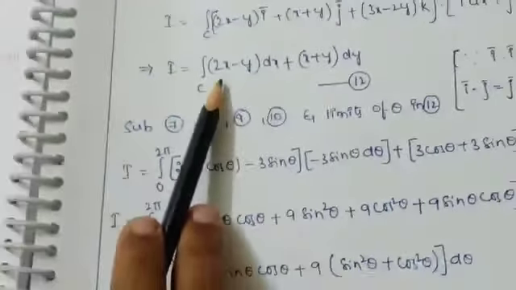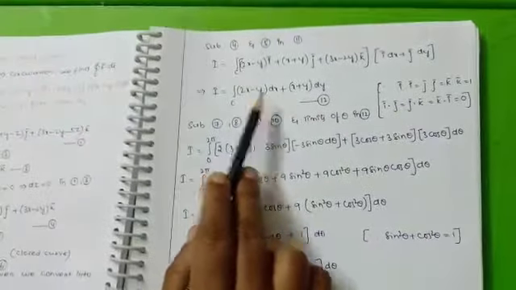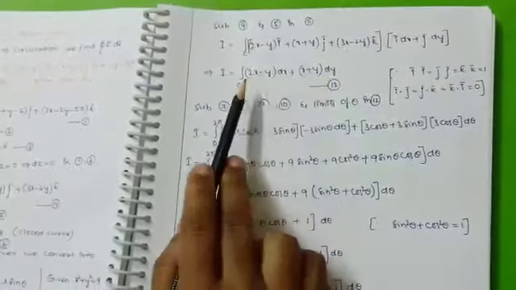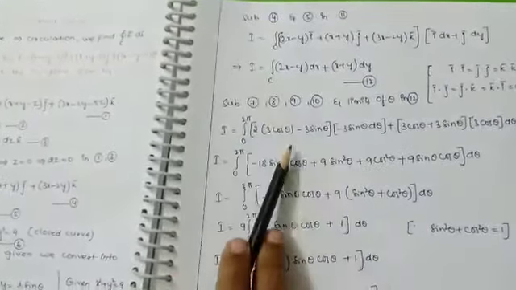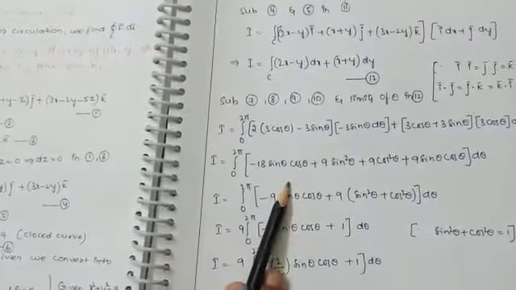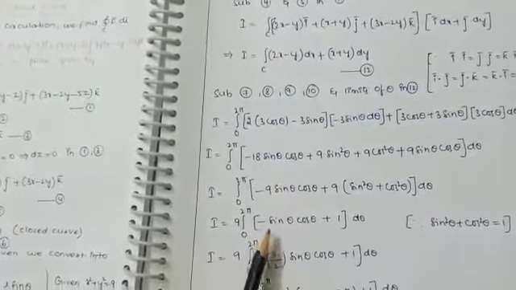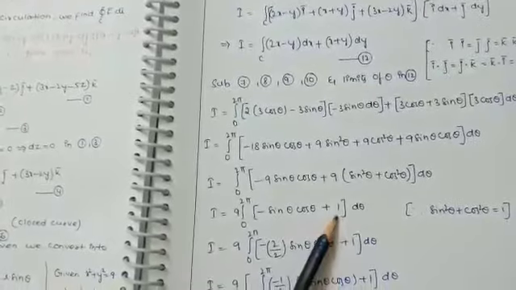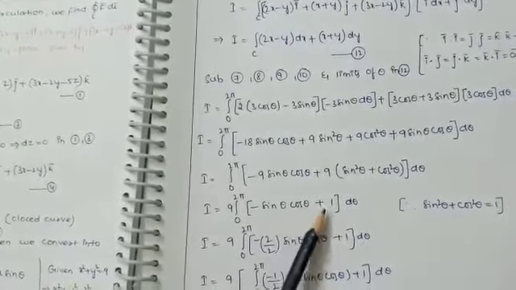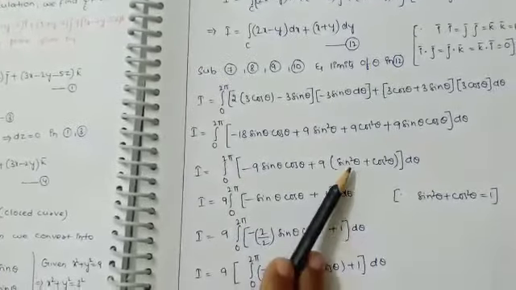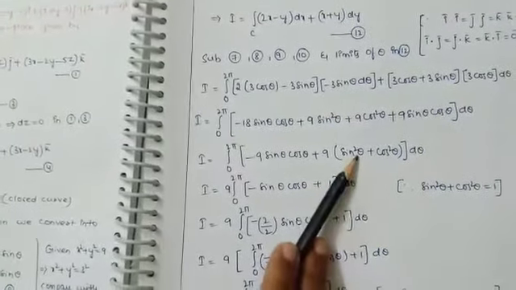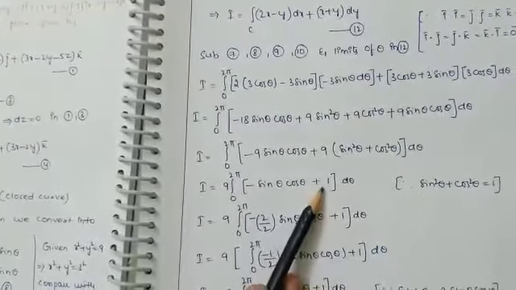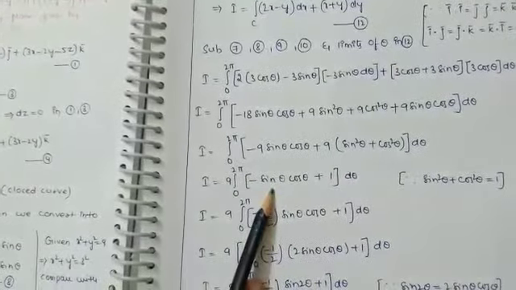Then you are going to substitute x value, y value, dx and dy and respective limits of theta in equation 12. On simplifying, we are going to get minus sin theta cos theta plus 1. We have used sin square theta plus cos square theta is equal to 1. That is our identity. On substituting, we are going to get this equation.